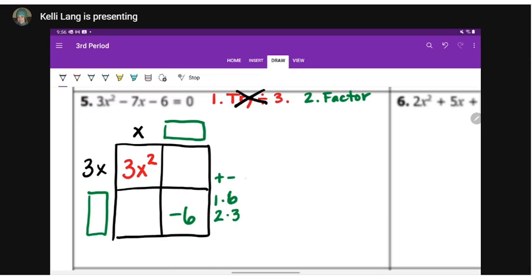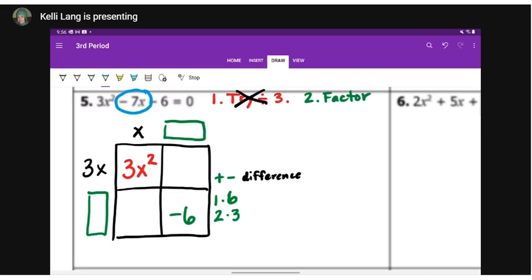When your signs are different, you're looking for a difference to equal this middle number, -7x. Well, the difference between 1 and 6 is 5, and the difference between 2 and 3 is 1. Neither of those differences is 7.